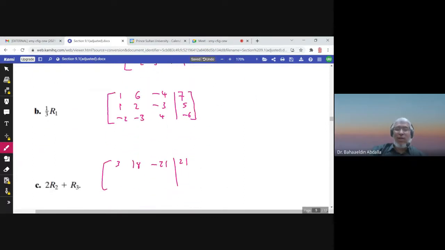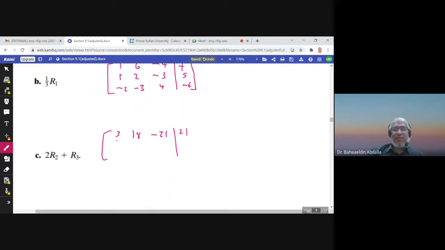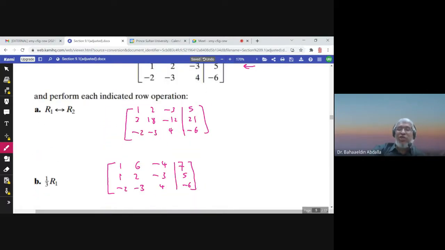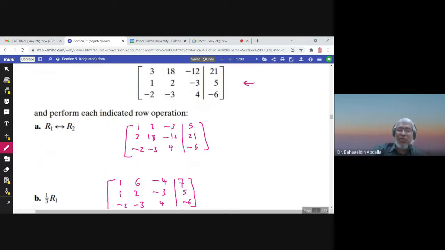And the second row is this one, and the last row is this one. This is the original matrix, and we are going to use this row operation to change this matrix to a new matrix.